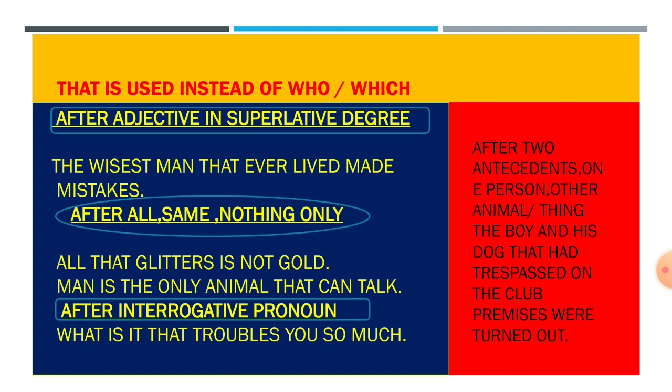So, the boy and his dog that had trespassed on the club premises were turned out. So, here again we see a limited or restricted use. Particularly something is said about them, and that is why we are using that. There are two antecedents, one is a boy, a person, and the other is an animal.